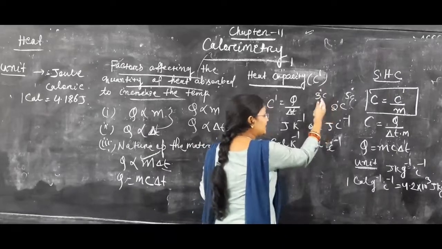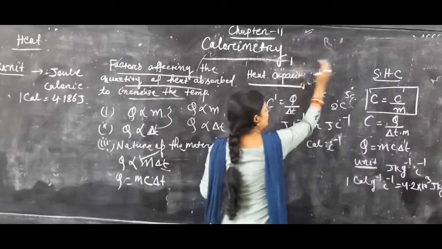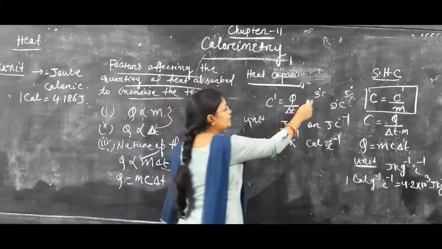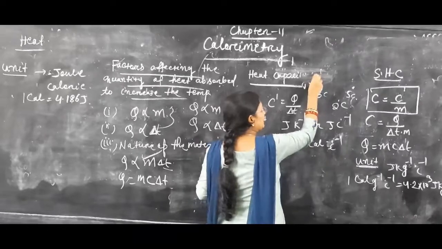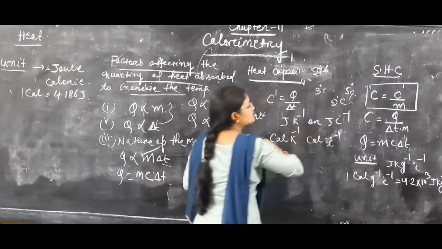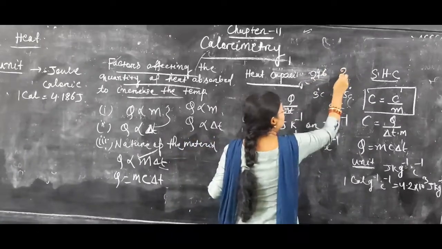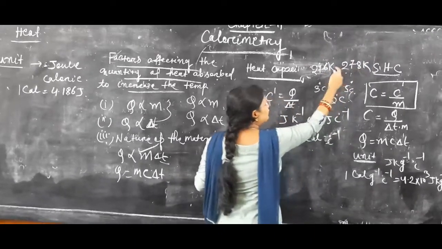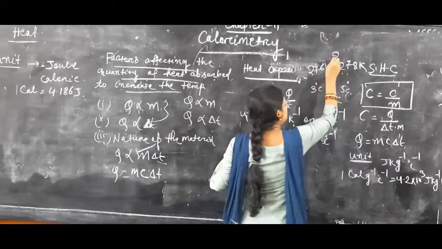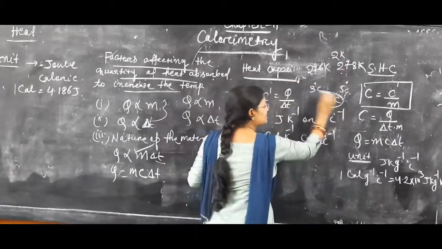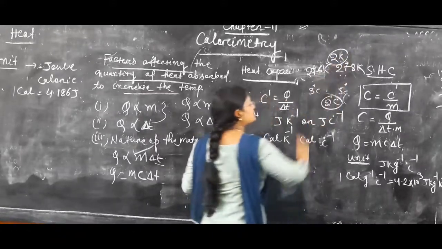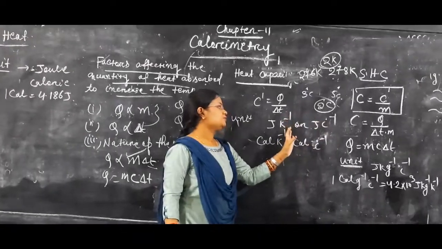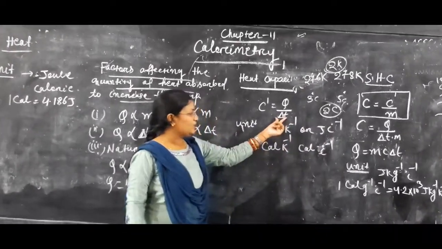If it is Kelvin, you just convert 3 degrees Celsius to Kelvin. 0 degrees Celsius is 273 Kelvin, so 3 degrees Celsius is 276 Kelvin and 5 degrees Celsius is 278 Kelvin. The difference is 278 minus 276, which is 2 Kelvin. So here the difference is 2 degrees Celsius, and here also the difference is 2 Kelvin. So there is no need to change Kelvin to Celsius or Celsius to Kelvin, because here we are taking only the change.